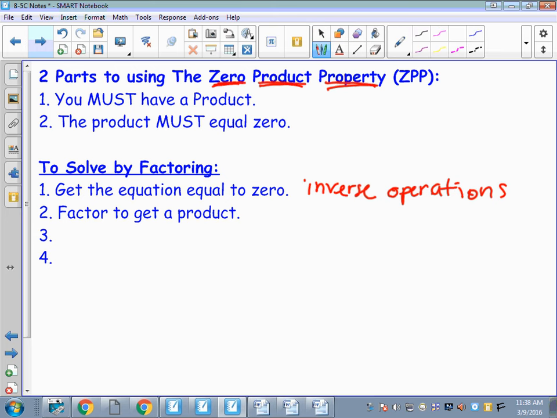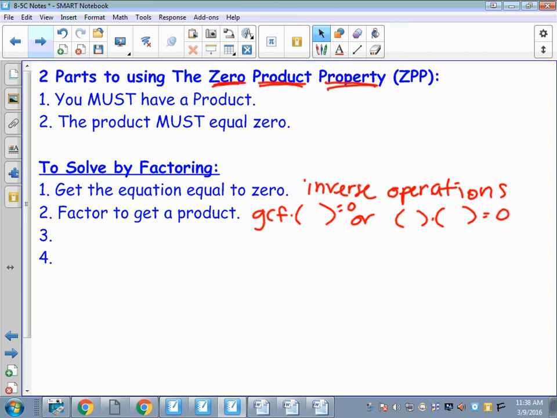You're going to want either a GCF times a product or binomial times binomial, and those will equal 0. Okay, so we need to make that one side of the equation turn into a multiplication problem, and that's where factoring comes in. So you either factor out a GCF or you'll factor by grouping.